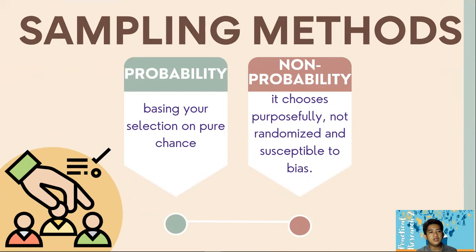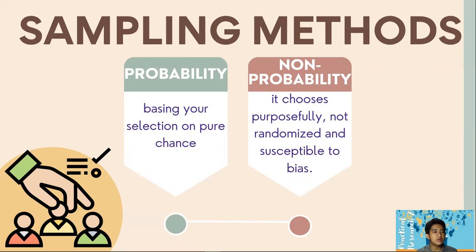Non-probability sampling chooses purposefully, not randomized, and is susceptible to bias. You will be the one to choose who will participate. You, the researcher, have the freedom to choose purposefully who will take the survey, who will be under an experiment.